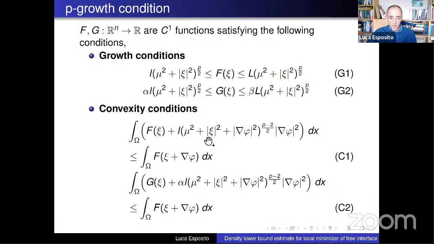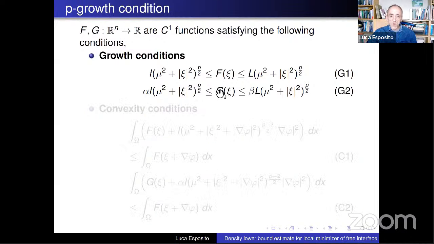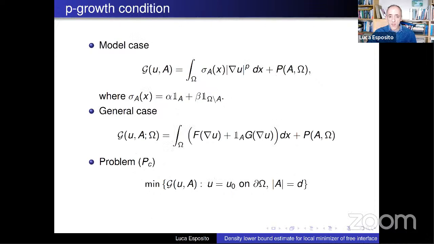This is the quasi-convex condition, and here is the growth. But you can think about the model case, where you here have the gradient to the power p.